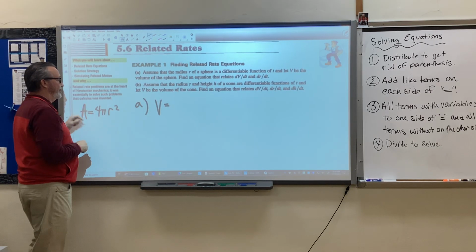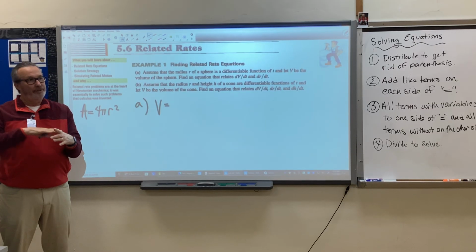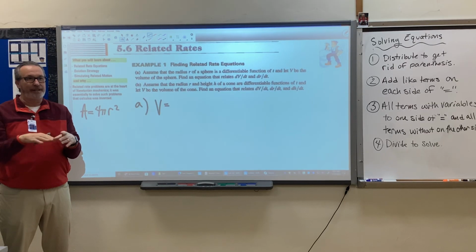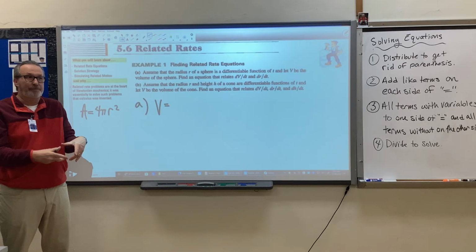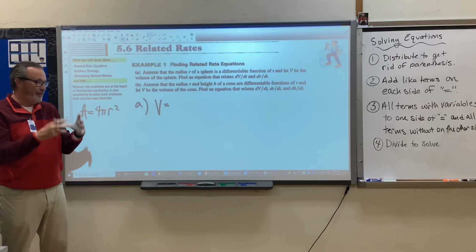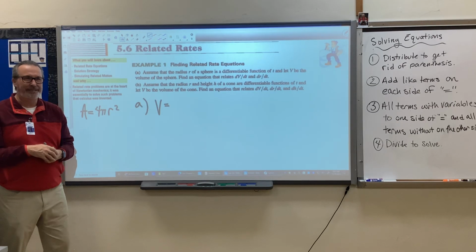Interesting enough, if you slice a sphere exactly in half, you get a circle, right? And the area of that circle is pi r squared. The surface area of the sphere is 4 times that area of the circle. Isn't that crazy?